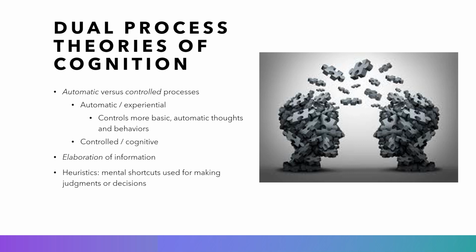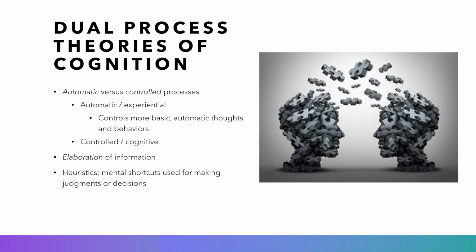So for example, imagine if you had to always tell yourself to breathe, right? That would be so tedious, it would take up a lot of headspace. So within the dual process framework, one example of an automatic process is breathing. Another example of an automatic process is your startle response, right? So when someone scares you, that jump you do, orienting towards whatever noise or whatever scared you, all of that is an automatic process.